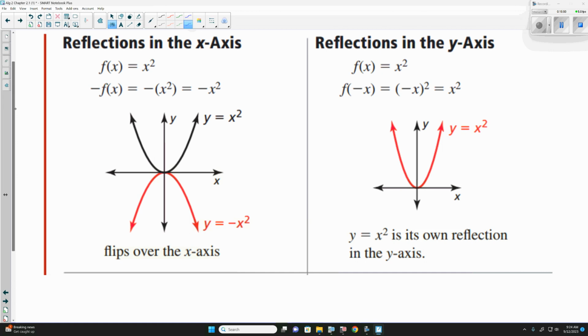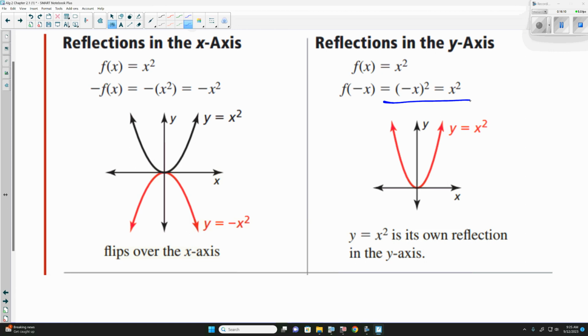Reflection across the x-axis: if we have a negative outside the parentheses, it's across the x-axis. If the negative is in front of the x inside the parentheses, it's across the y-axis. Now they do show this here.